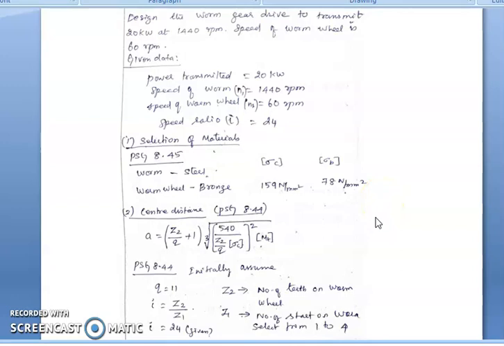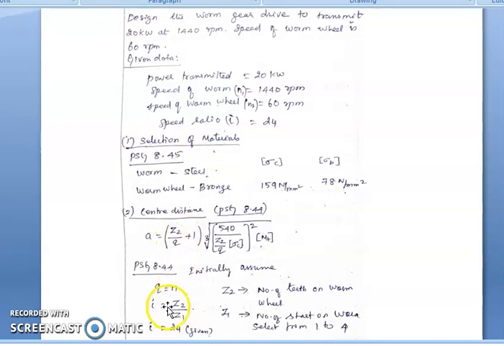Then the second step is center distance. It is non-intersecting and non-parallel, so there may be some particular distance between center to center. So here we should consider center to center distance, which is available at page number 8.44. So A is equal to Z2 by Q, here Z2 is nothing but the number of teeth on the worm wheel.